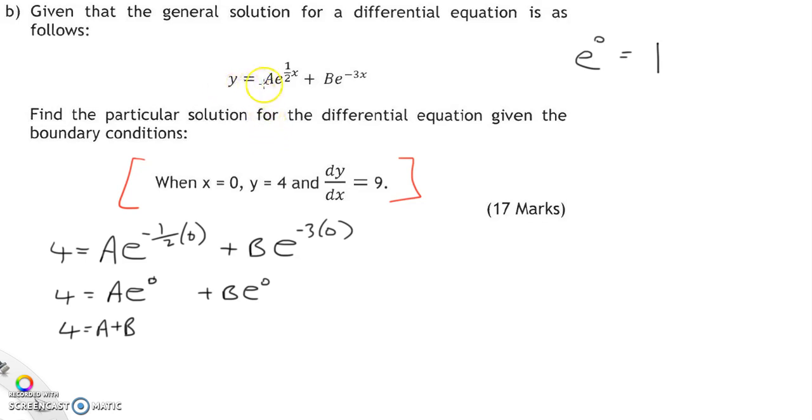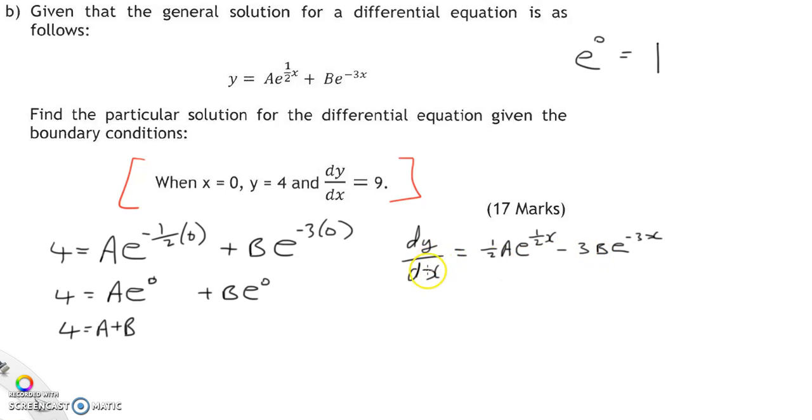So if we differentiate y equals that, dy dx will equal, the half will come down and get multiplied by the a, and we'll keep this e to the power of a half x structure the same. Similar plan over here, the minus 3 comes down, we get minus 3 times b times e to the minus 3x. So that's dy dx.